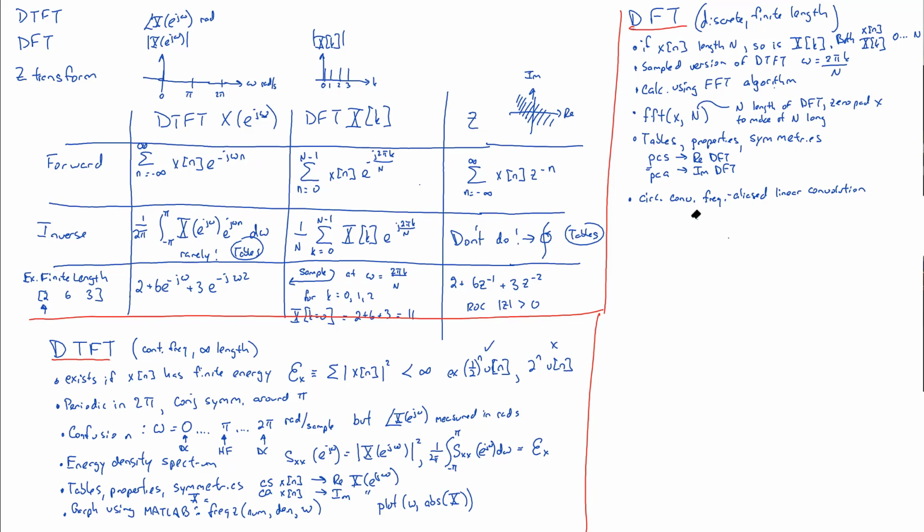If you have x of n and h of n, and both are of length capital N, then if you circularly convolve those two, that will also be of length N. And notice that's so different than how to create these linear convolutions.